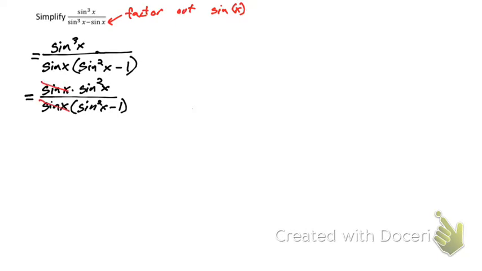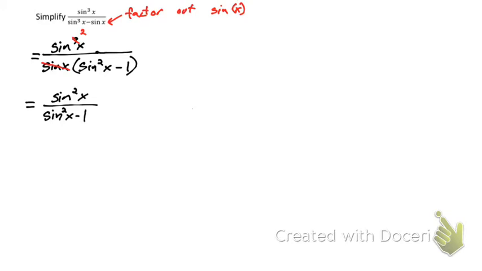I'd much prefer you to know the power rules when you are dividing. So we are just going to have sine squared x all over sine squared x minus 1.